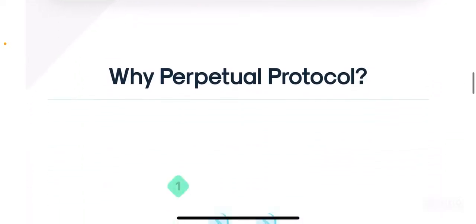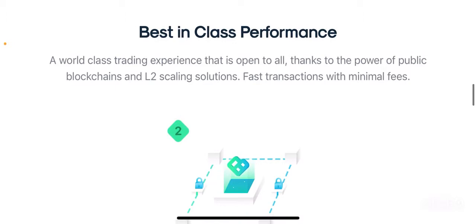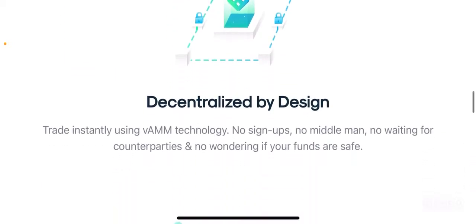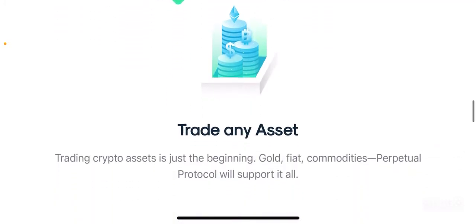Why Perpetual Protocol? So why choose them? You choose them because of their best-in-class performance. Obviously, they have a very unique AMM formula that they are using to completely distinguish themselves from other protocols. Decentralized by design. Again, this platform is decentralized. Trade any assets.